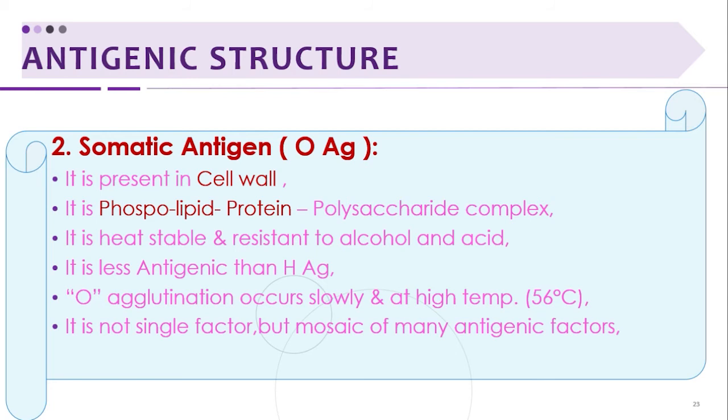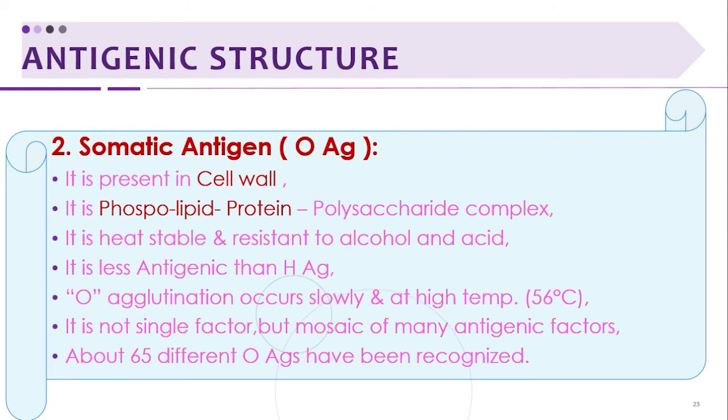That is distinctly seen when you add the antisera to the antigen. This antigen is not a single factor but a mosaic of many antigenic factors, and about 65 different O antigens have been recognized, designated as 1, 2, 3 and so on.